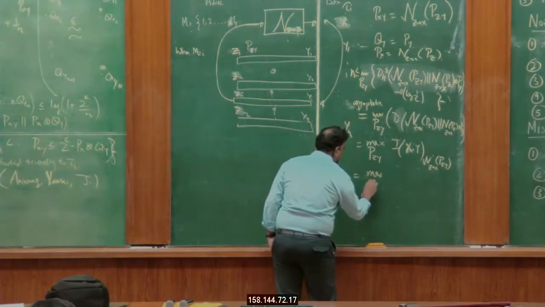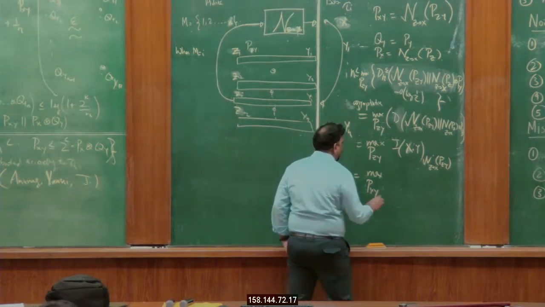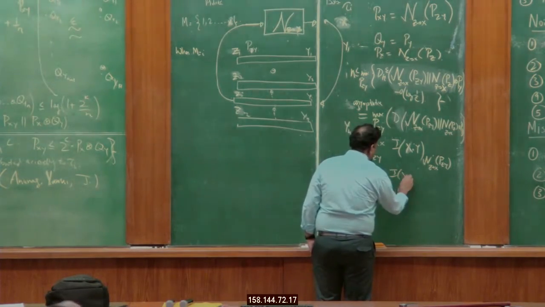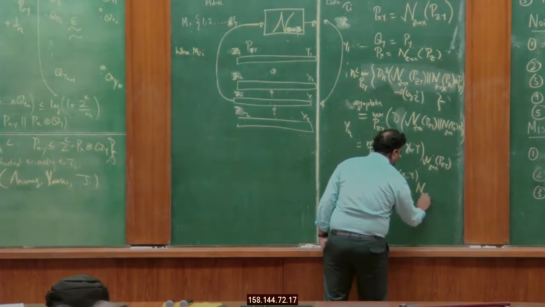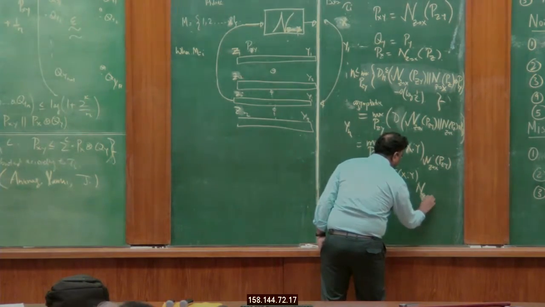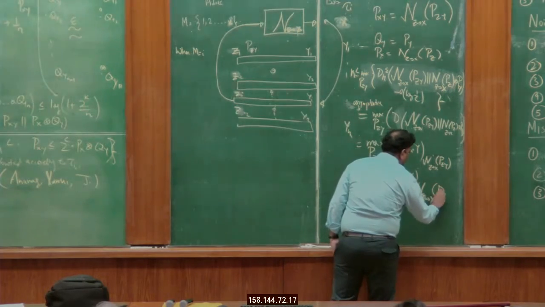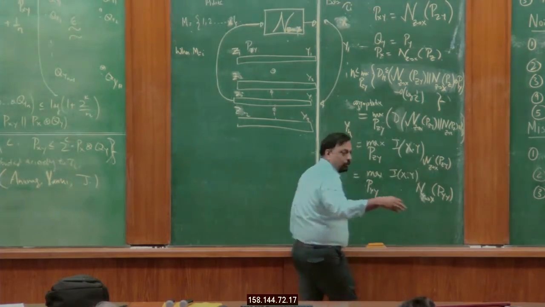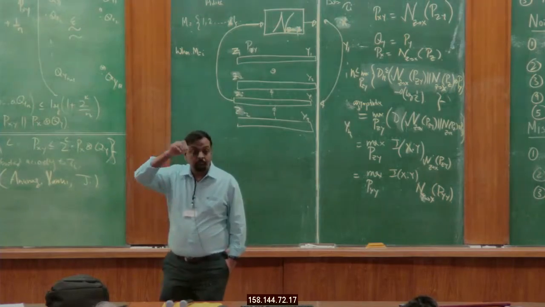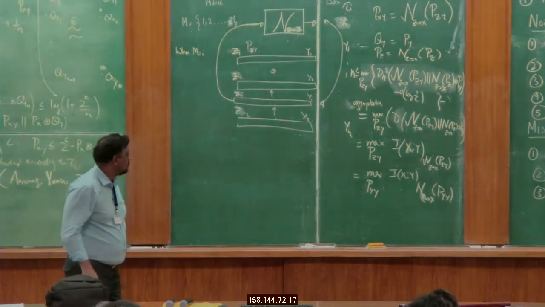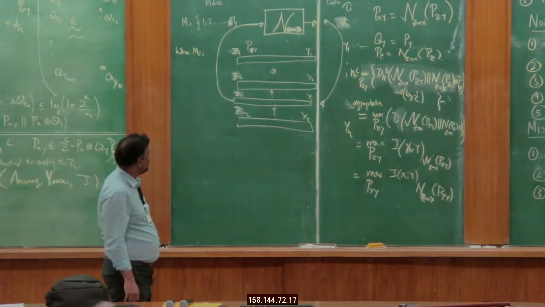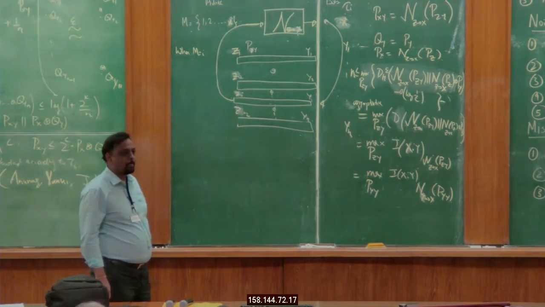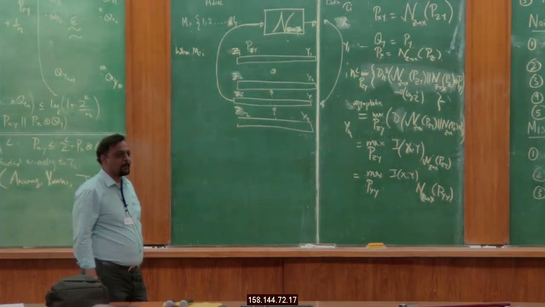Maybe I should just write it like this: PYY, I of X colon Y, where there's a channel Y to X and PYY. Usually we use n for the block, so basically n for the number of messages.